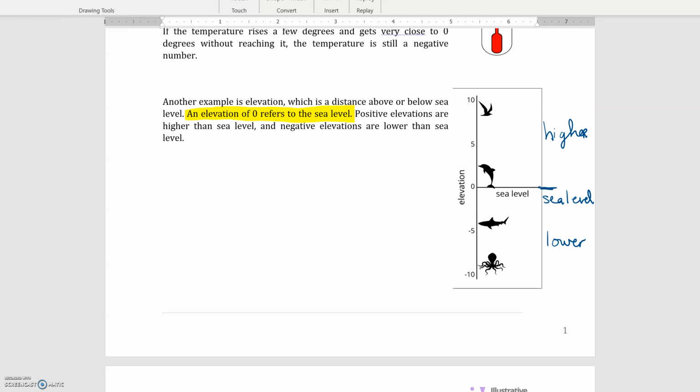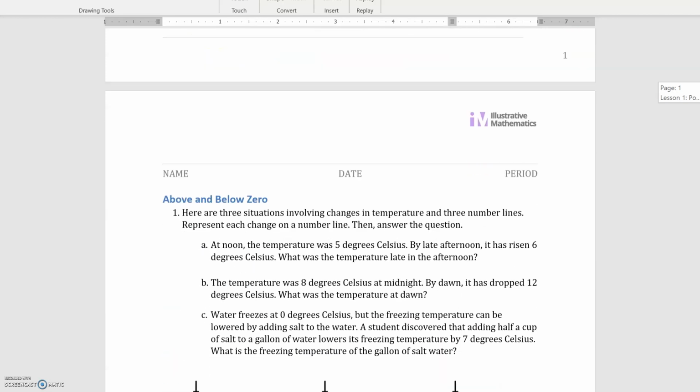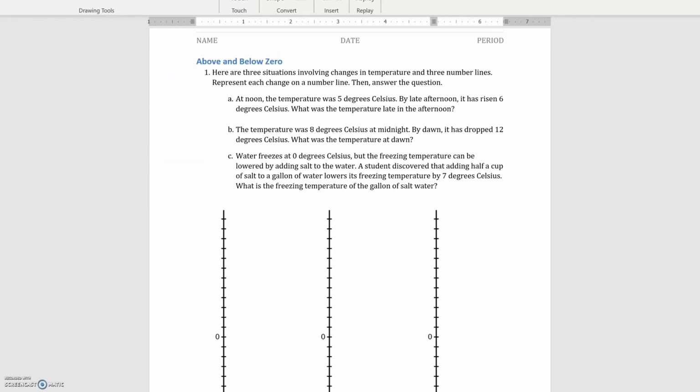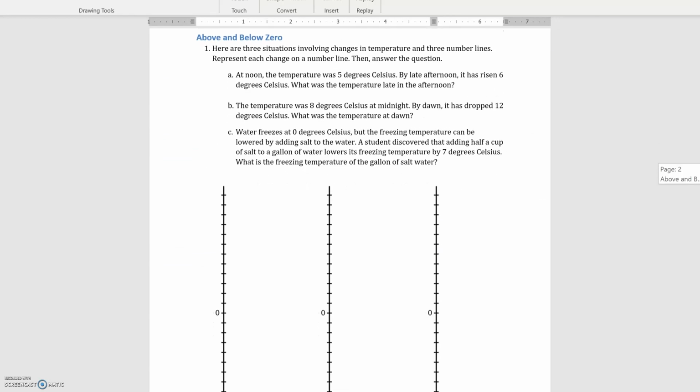So what we're going to do next is we're going to explore an example where we're going to look at some thermometers and describe the temperature of them by reading the stories for each one. So turn to the back of your first page for the first example. Here, we're going to read 3 situations involving changes in temperature and 3 number lines.